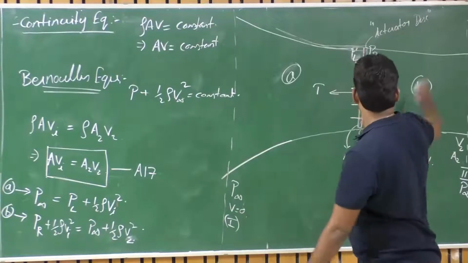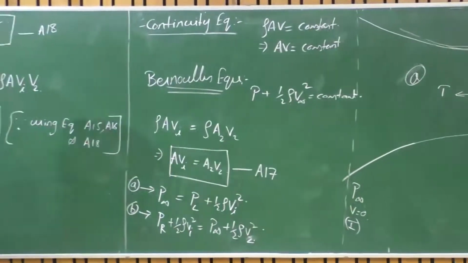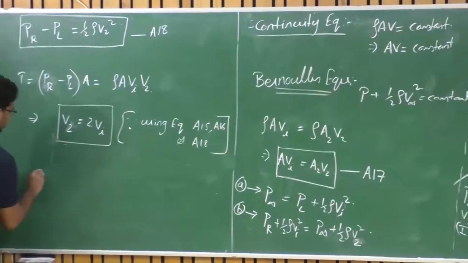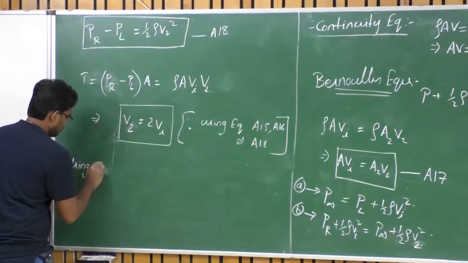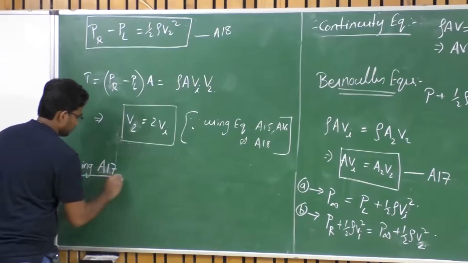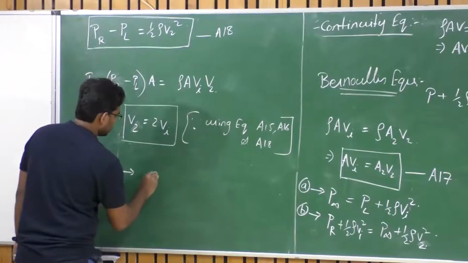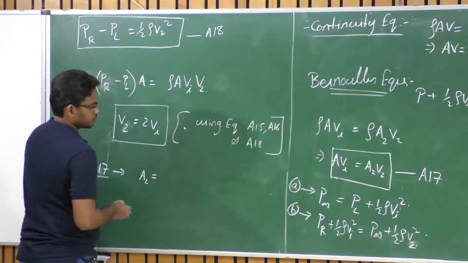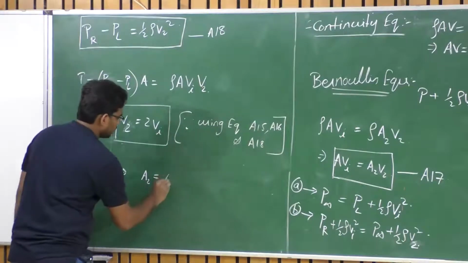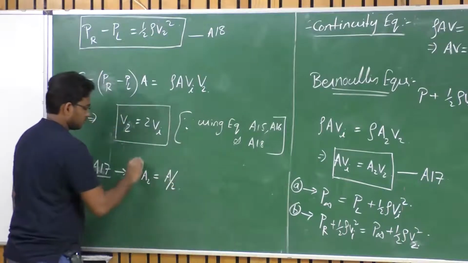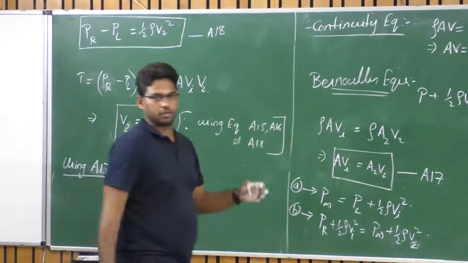And what will be the cross section area A2 here? So using this particular A17, we can relate, A2 is equal to 2Vi, A upon 2. So half the cross section area of this, half the area of the disk.